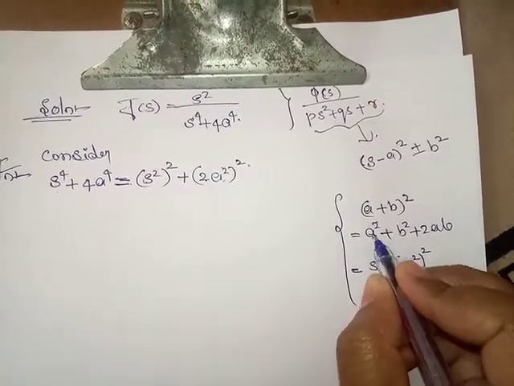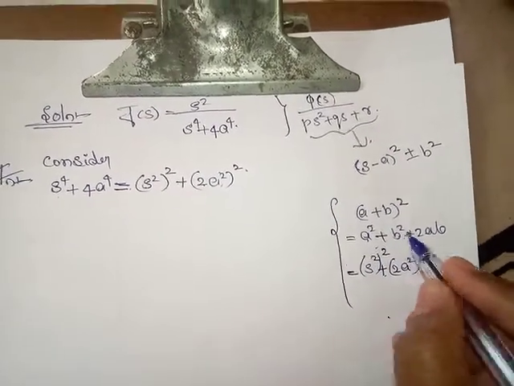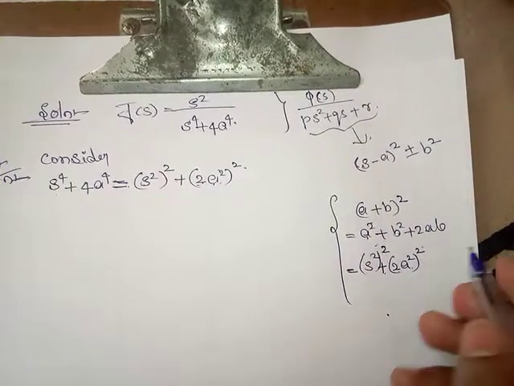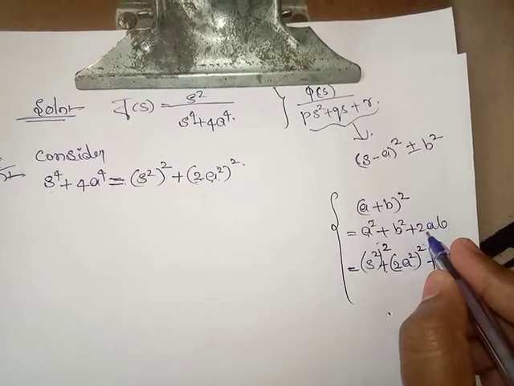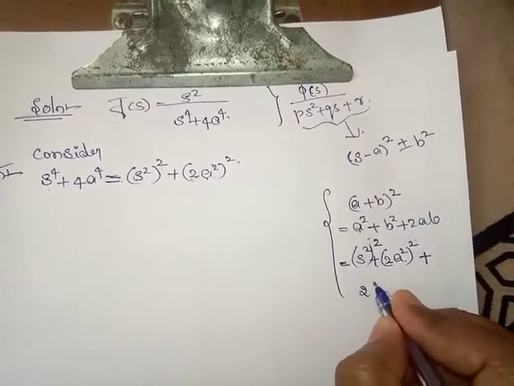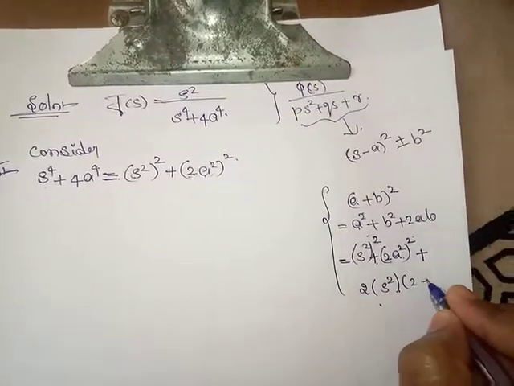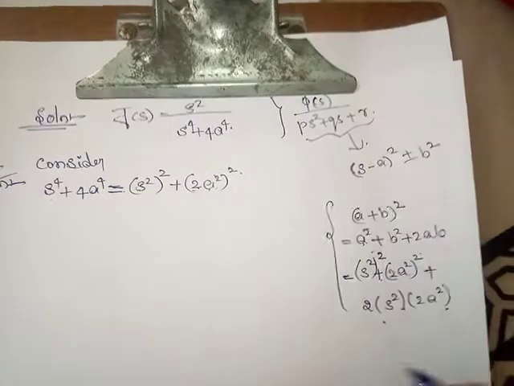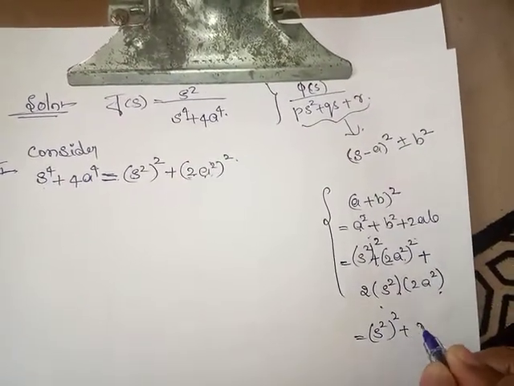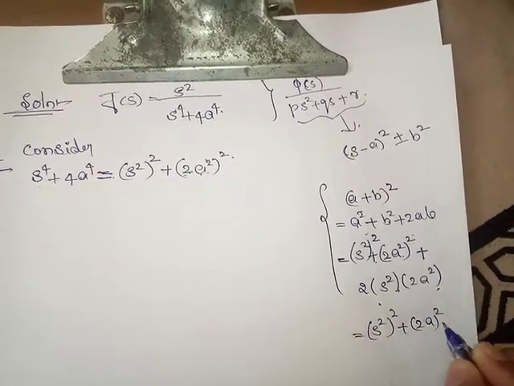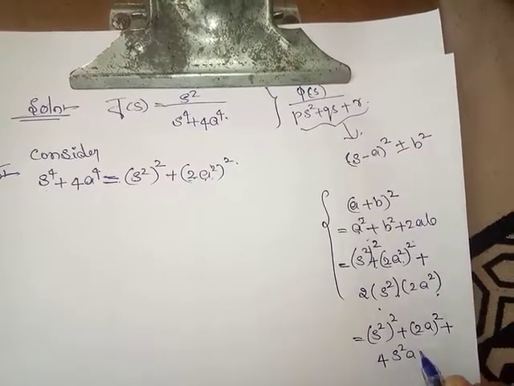So a as s square gives s square whole square, and b as 2a square gives 2a square whole square, plus 2ab: the a value is s square, the b value is 2a square. Therefore it will be s square whole square plus 2a square whole square, plus 2 into 2, that is 4 s square a square.